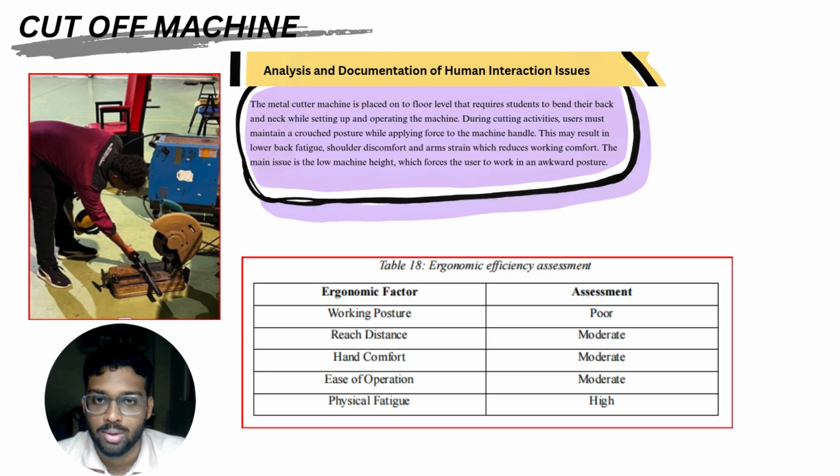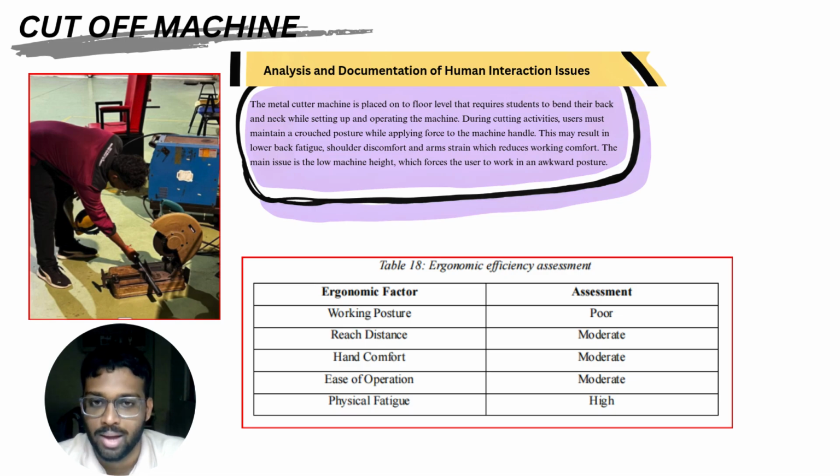This awkward working posture can cause discomfort, especially at the lower back, shoulders, arms, knees and legs. During cutting activities, the user also needs to apply some force while remaining in a bent position. This increases physical fatigue and can reduce comfort during longer working sessions.